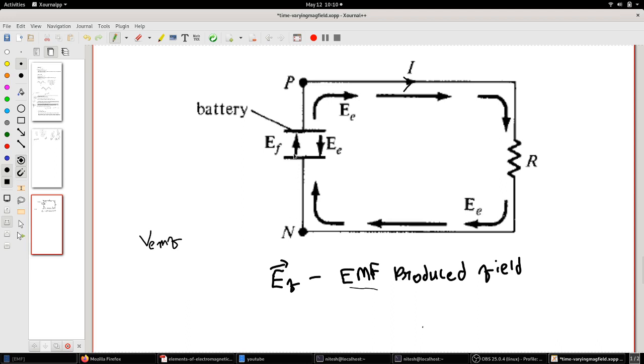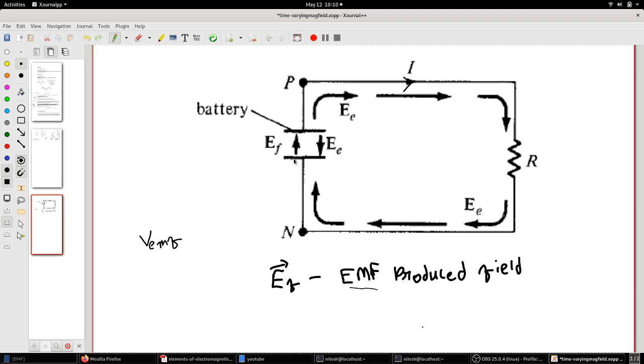The battery is basically some kind of electrochemical solution, so it has some kind of chemical energy associated with it, and that energy gets transferred into electrical energy as we move into the circuit.